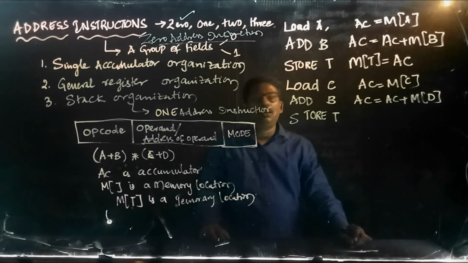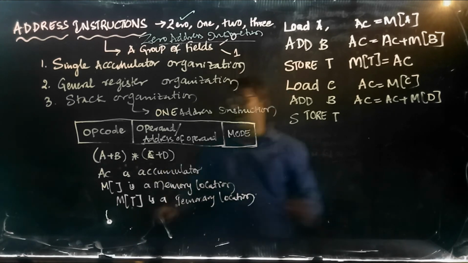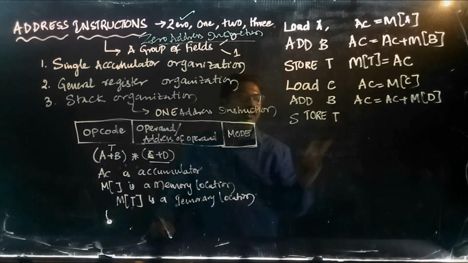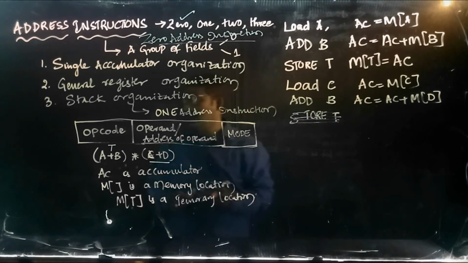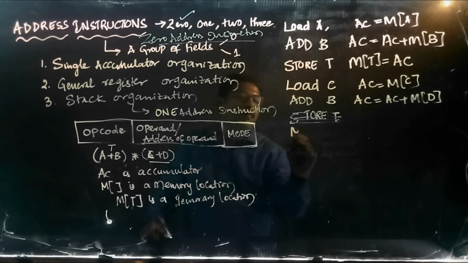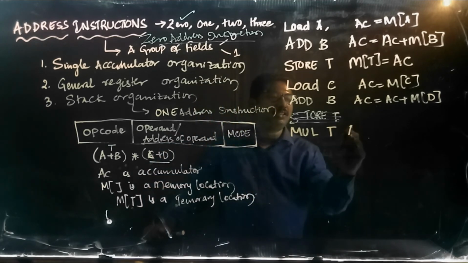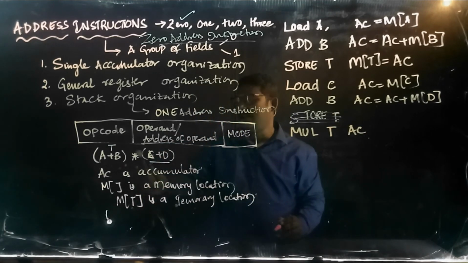And instead of storing, now we are going to multiply. This value is T now. Now this total value is T, and this value we already did. Up to here this value is did. So what I am going to do is mul, multiply T, that is AC multiply T AC.